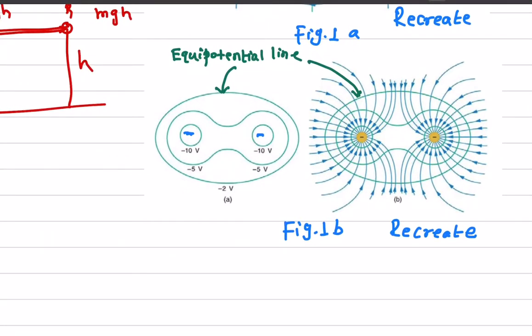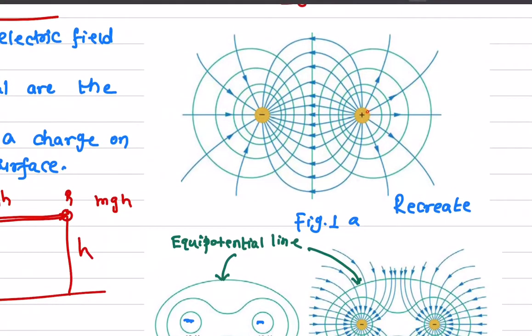Again, this is due to the positive and negative charge. In this case, this represents the direction of the electric field. As you see, with a negative charge the electric field is always towards the negative charge.